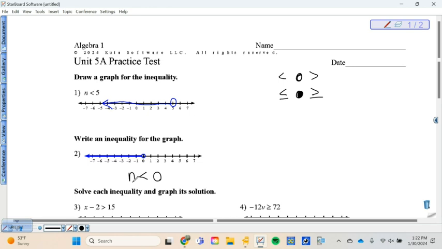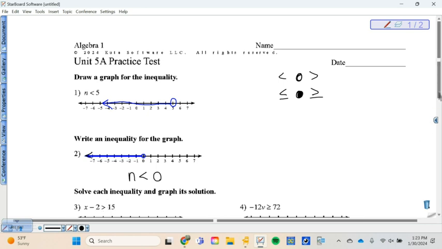Good. Yeah, start with your variable. Find the number where the circle's at. The circle will tell you whether to do less than or greater than, or less than or equal to, greater than or equal to. And right, as long as you write the variable first, the inequality goes in the same direction as the line, right?